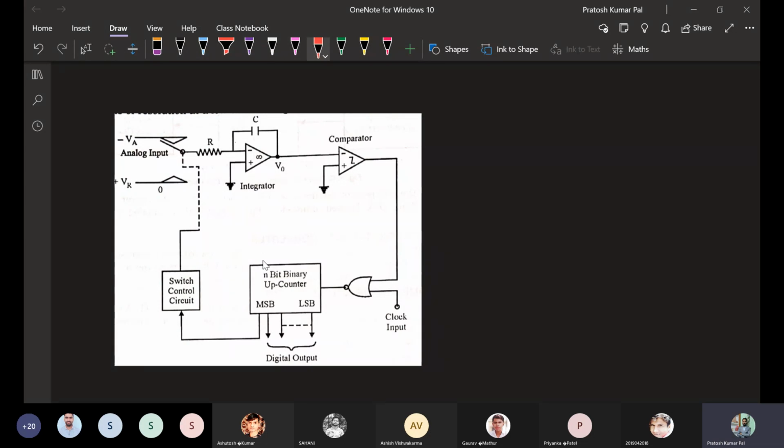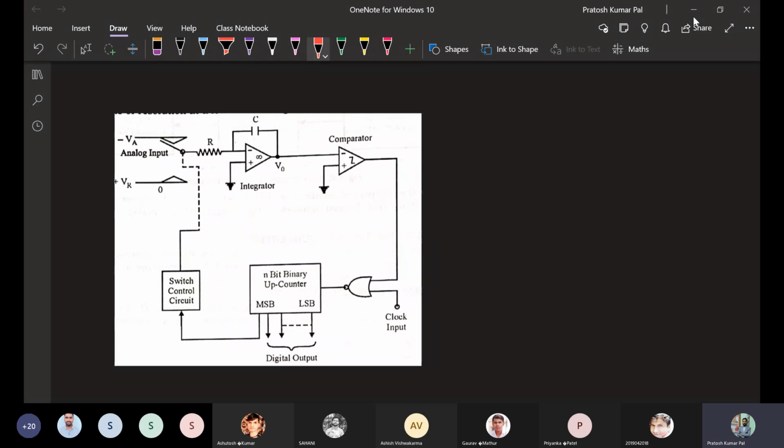In case of analog to digital converters, we will always require a reference voltage. That reference voltage will be used to compare the analog input signal that we are providing. So here also an analog input will be there, and for comparison purposes there will be a reference voltage.